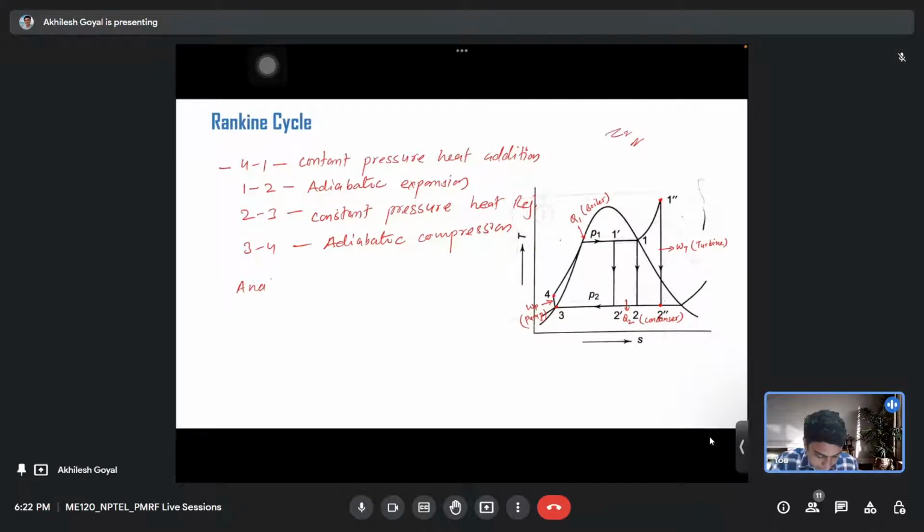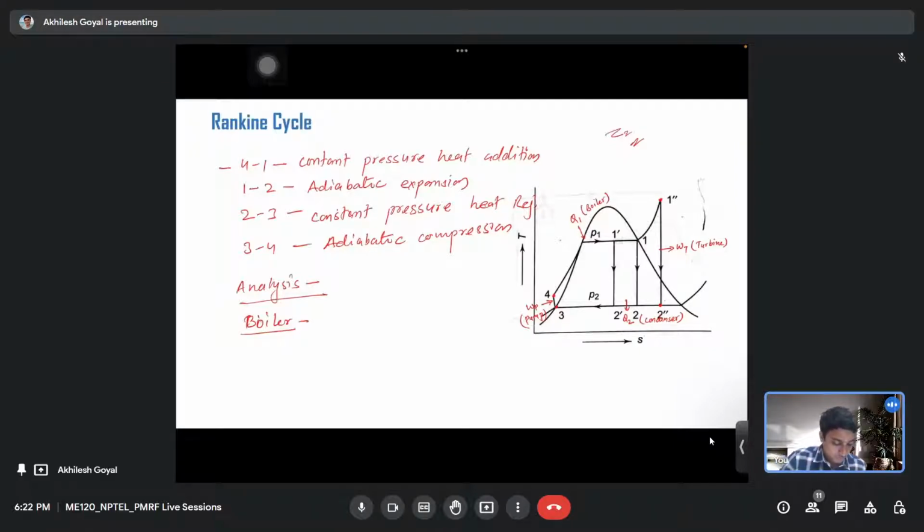Now let's do the analysis of this Rankine cycle. Okay, for analysis we consider a control volume at each component like boiler, turbine, condenser and pump. So let's start with the boiler.